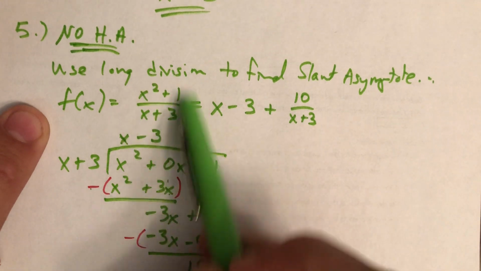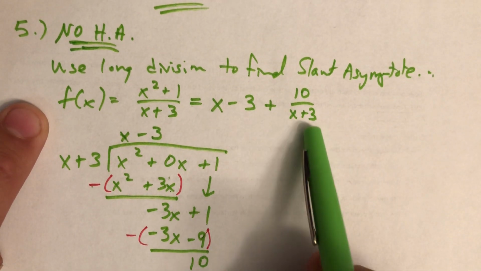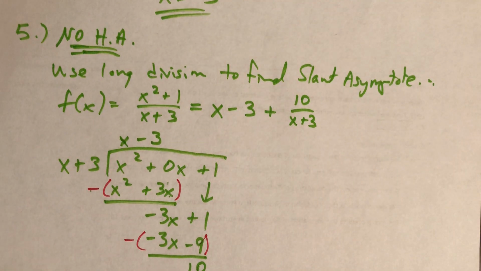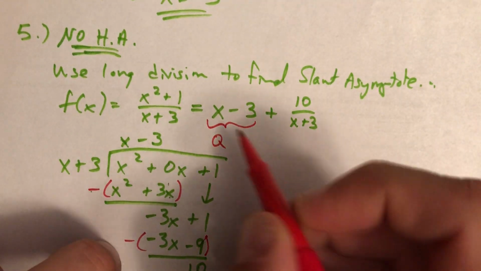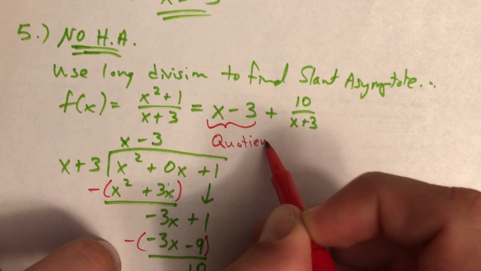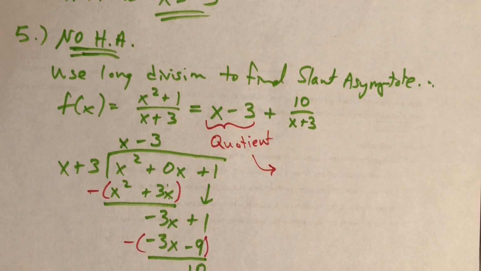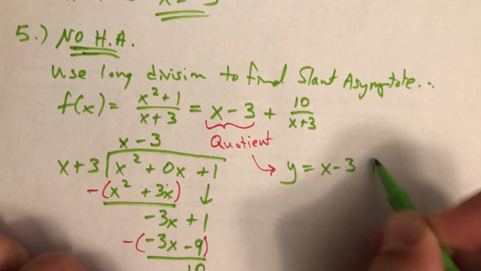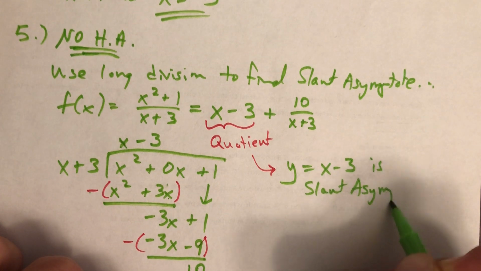So our quotient really is the only part that we're concerned with here. So that's going to be our slant asymptote. Y equal x minus 3 is the slant asymptote.